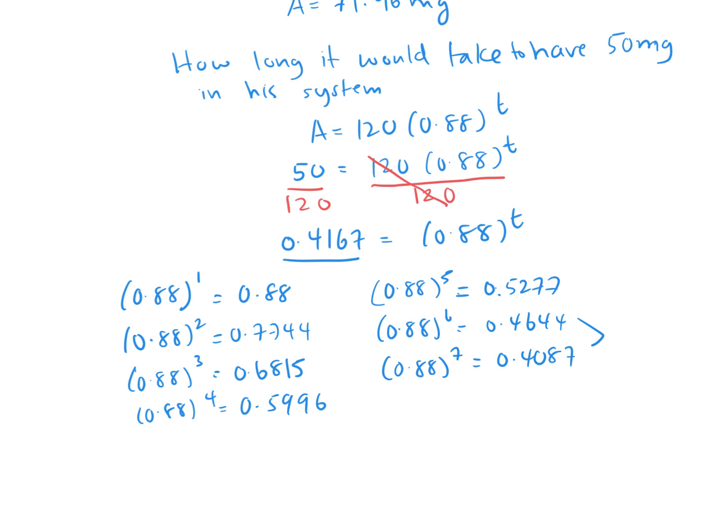So if you want, you can go even more accurate. I might say, well, let's do 0.88 to the power of 6.5, because that's in between 6 and 7. So I can get as close as I want. And that works out to be 0.4356, which is a little bit too big.